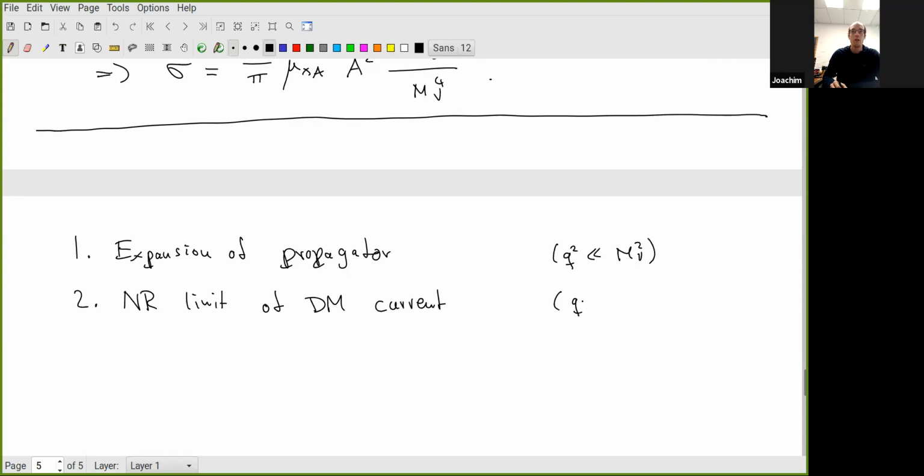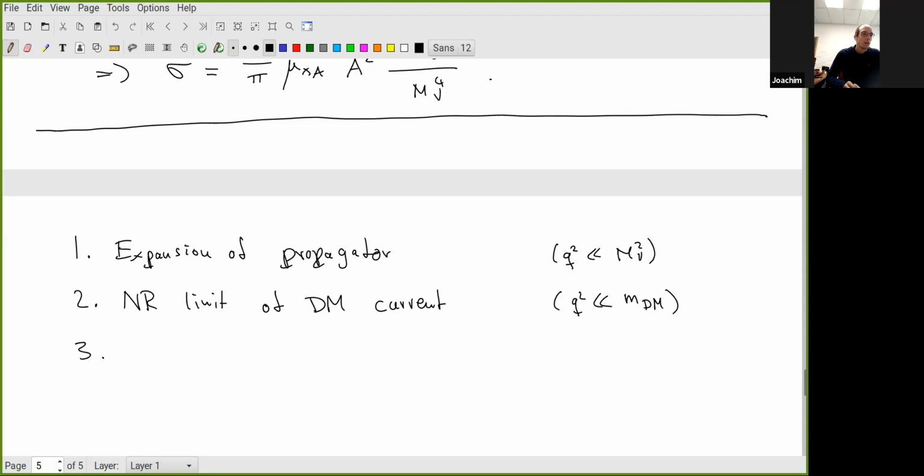We could do this because the momentum transfer was also much smaller than the dark matter mass. That's essentially the only limit on the dark matter mass. In principle, dark matter could be anything, but if dark matter is too light, if it gets of the order of the momentum transfer, then our techniques will not work. So what I'm talking about works if dark matter is heavier than about a GeV, so that this expansion makes sense.